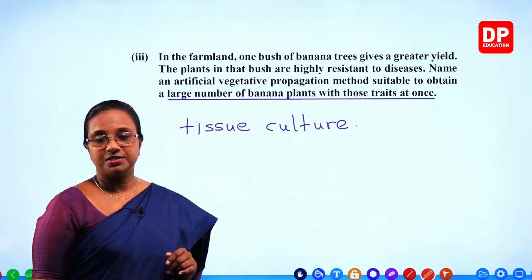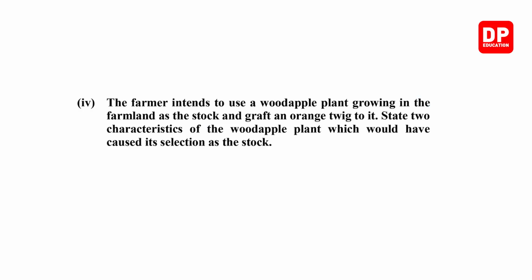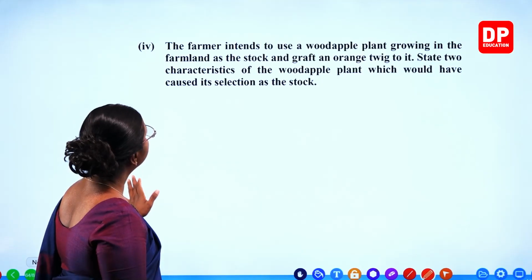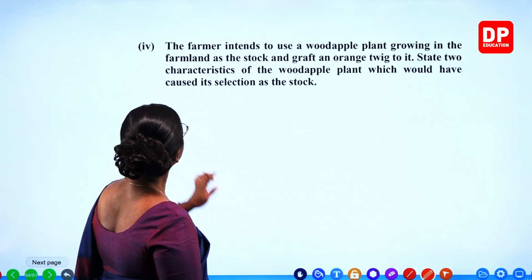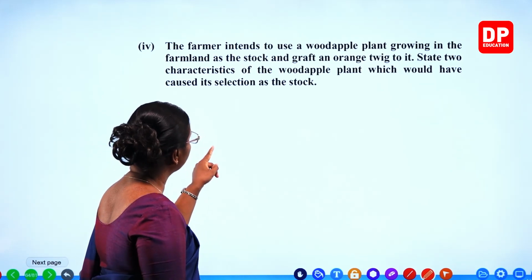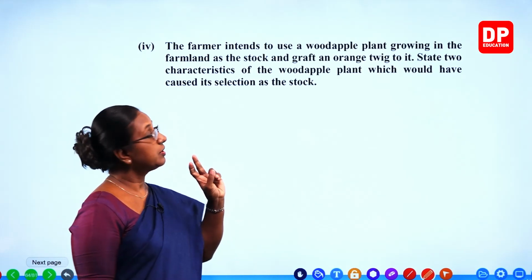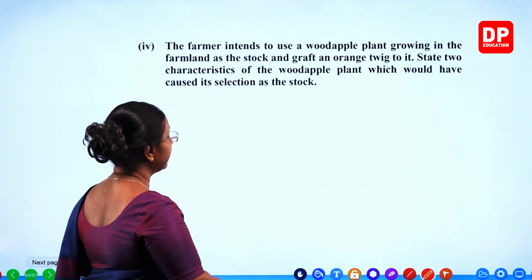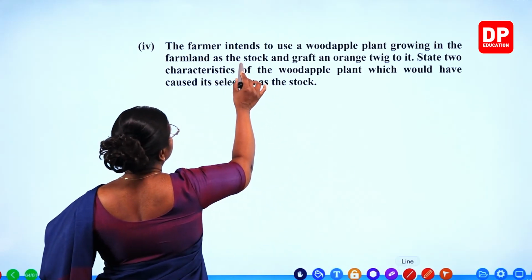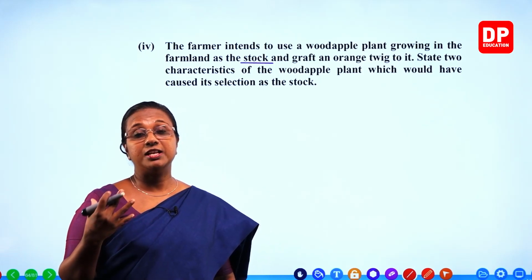Is that okay, students? So with that, I'll move on to the next part. Now here, the fourth one. The farmer intends to use a wood apple plant growing in the farmland as the stock and graft an orange to it. So he is using two different plants, a wood apple plant as the stock. So you all know, if it is a stock, the root system has to be very strong.